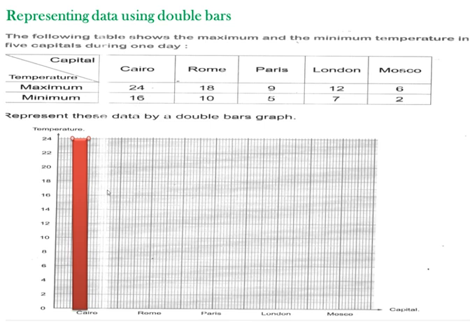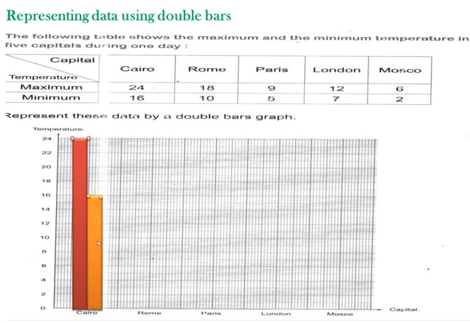And for 16, after the heavy line, go to 16, put 2 points and draw the bar line.